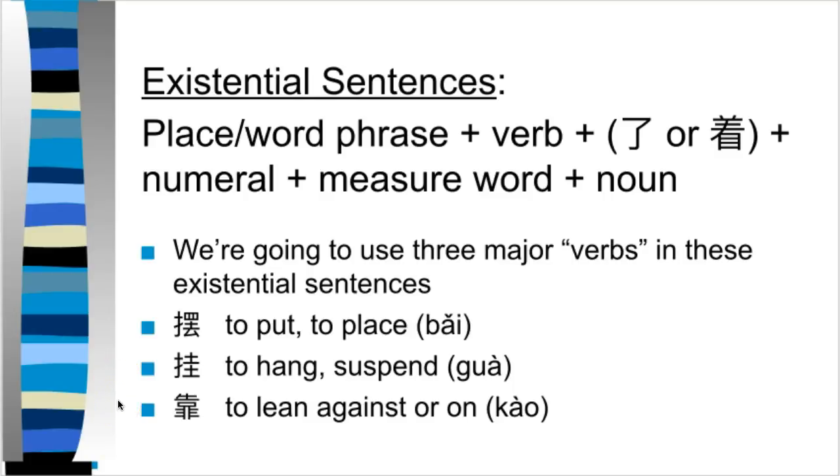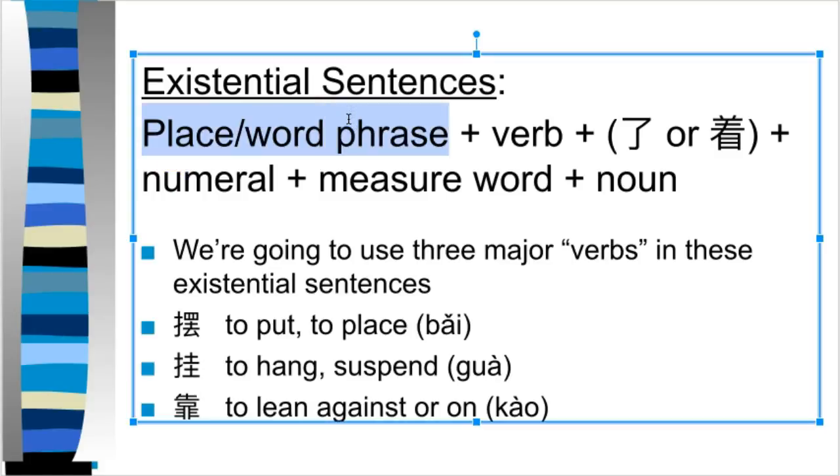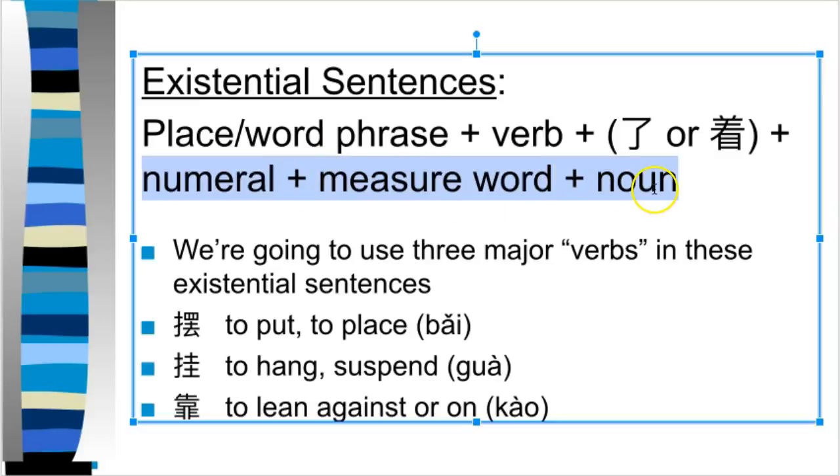So the structure of an existential sentence is you have the place word or phrase. So not the thing. If I say the book is on the table, the place word is table. So in this location, and then the verb, there is lying, or there is being placed. And then you'd have a numeral measure like one book.